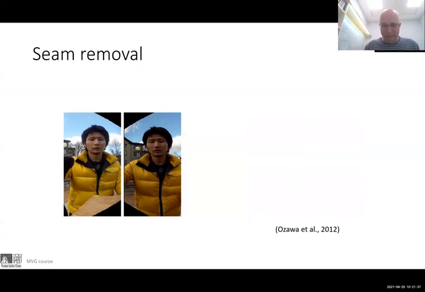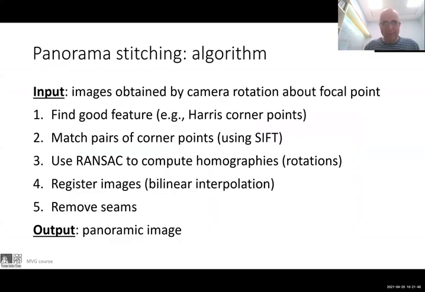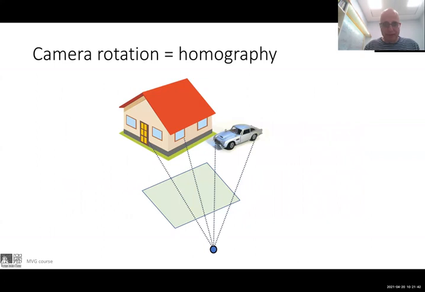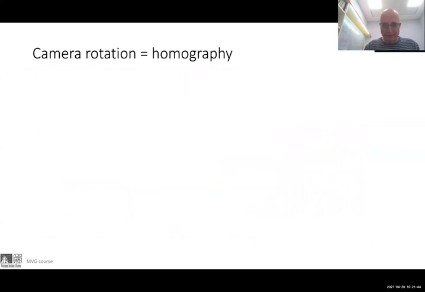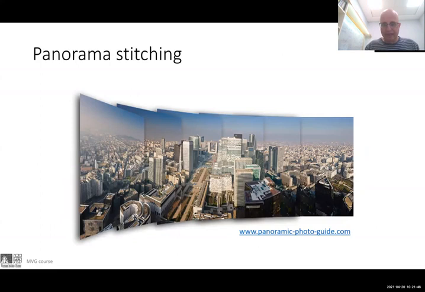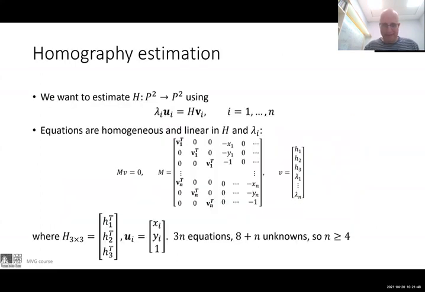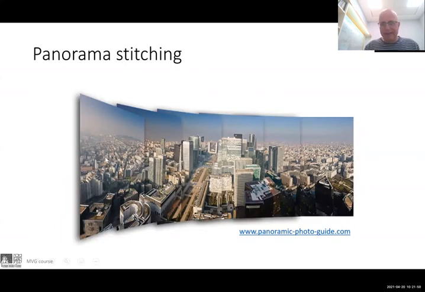But what we want in the end to achieve is something that looks like this. Clearly, this image would not cover the areas here. So you have to somehow stitch them. So that's why you do what I said.